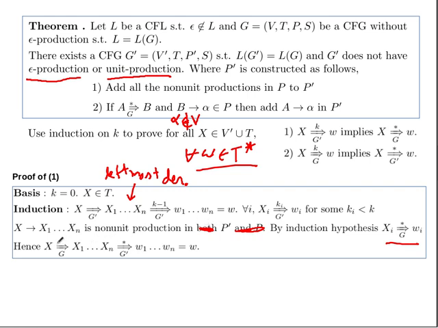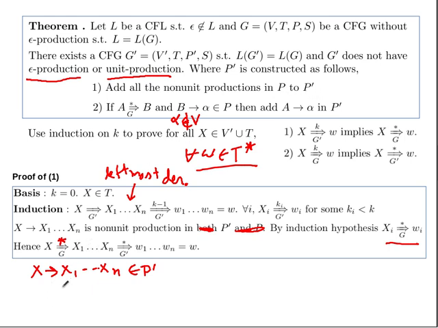But then that means that we can derive this thing in G in multiple steps. Why is it so? Because this x going to x1 up to xn is in P prime. Why is it in P prime? You see, our rule was to add all the non-unit productions of P to P prime.